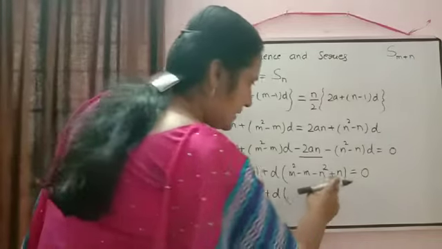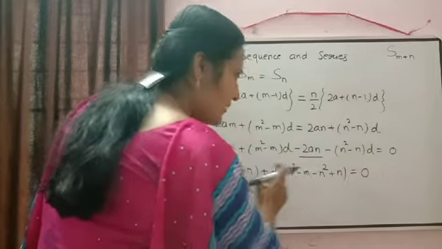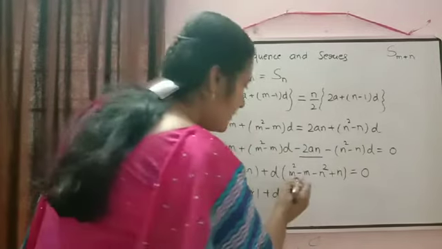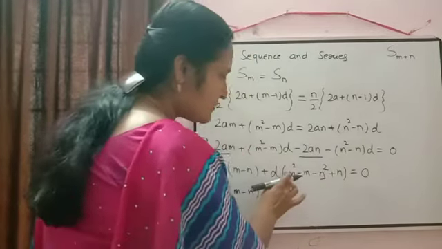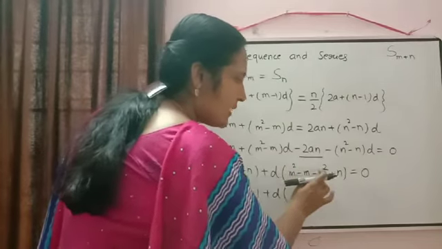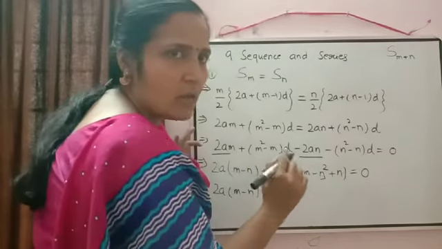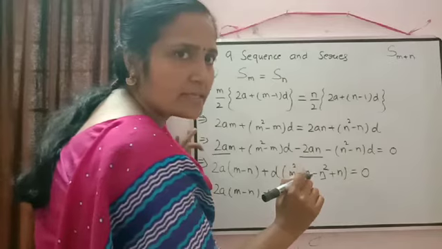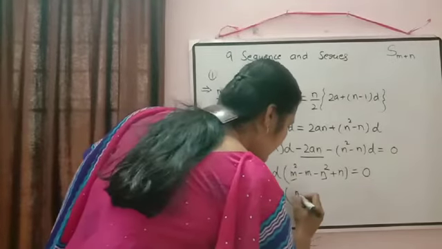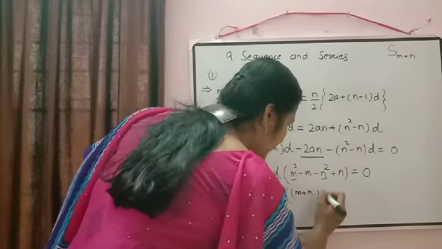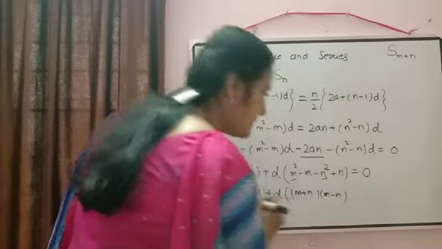You can check that in these two terms only a difference of negative sign is there. Now how can we arrange this one? It is m square minus n square. How can we rewrite m square minus n square? Yes, it can be written as (m plus n) into (m minus n).